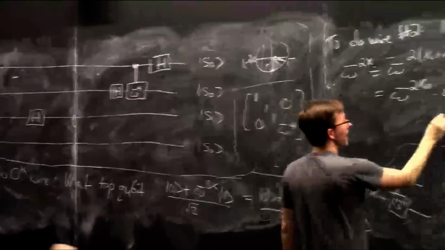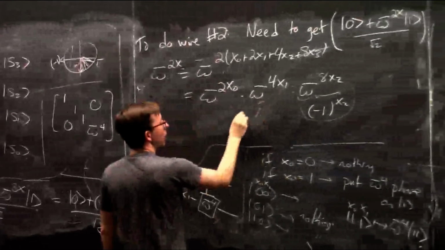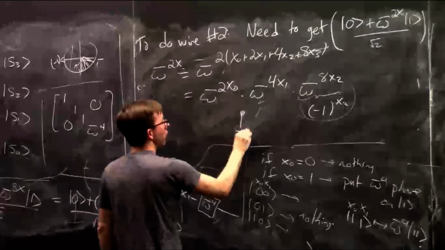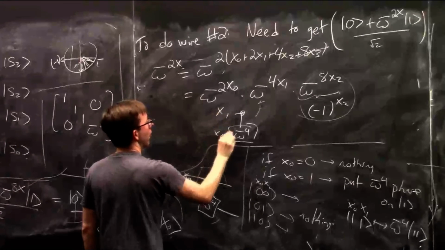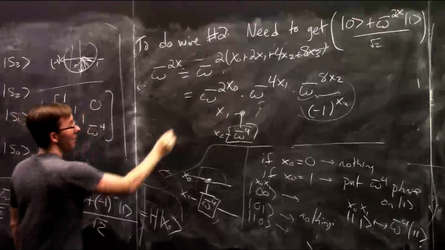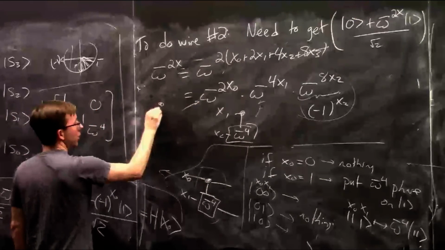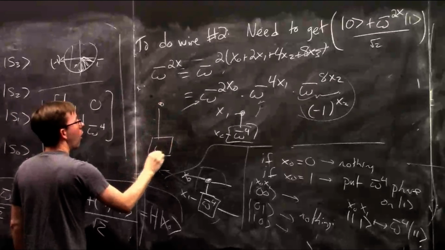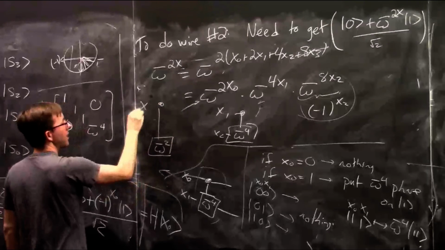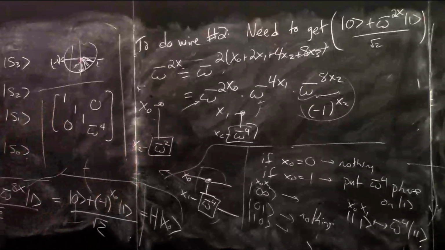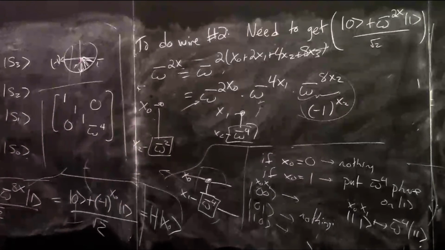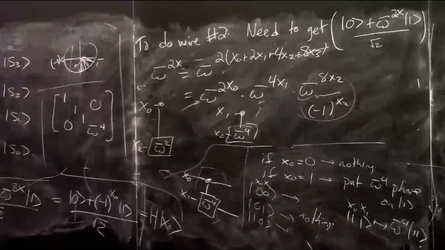And to get this phase, we're going to do a controlled omega bar to the 4 between x1 and x2. And to get this phase, we're going to be doing a controlled omega bar squared between x0 and x2. And that'll get all the phases right.